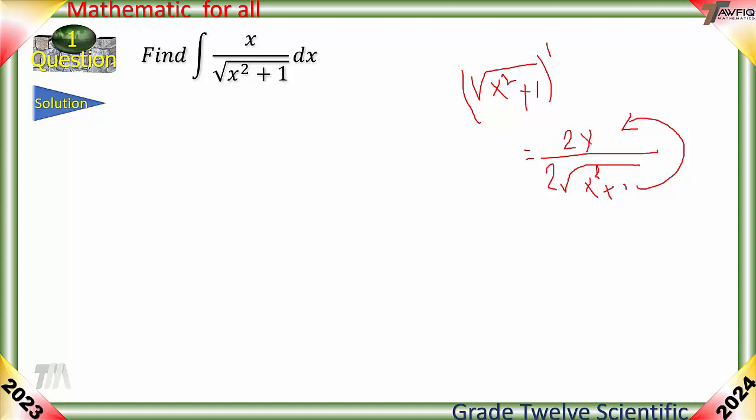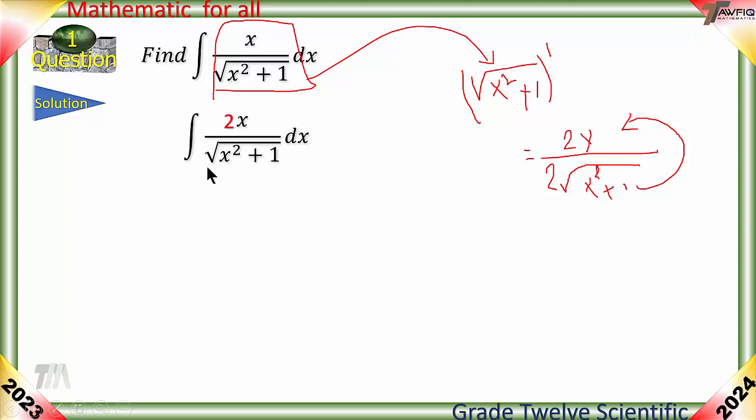As you can see, this fraction is coming from the derivative of this fraction. So to go back, we need to multiply the denominator and the numerator by 2. So here 2 and here 2. And the integration of this one is equal to the square root of x squared plus 1 plus c.